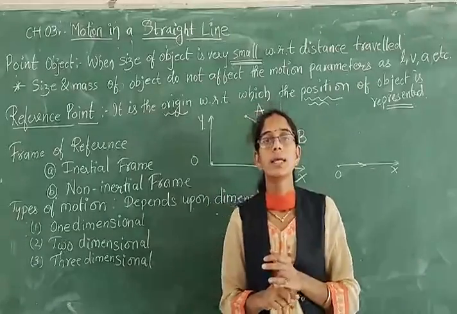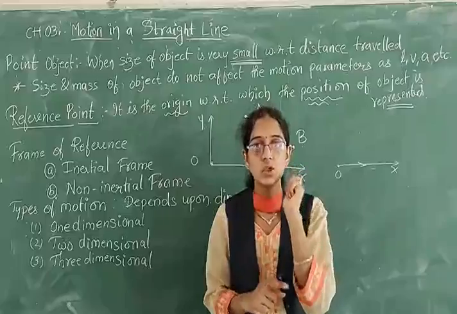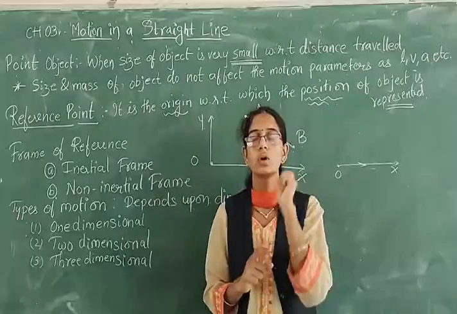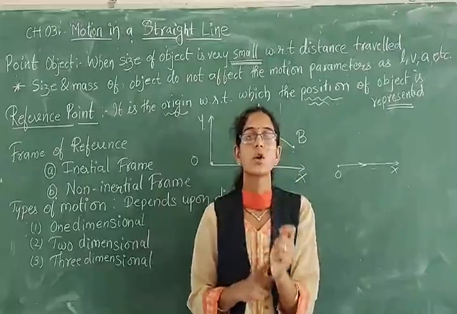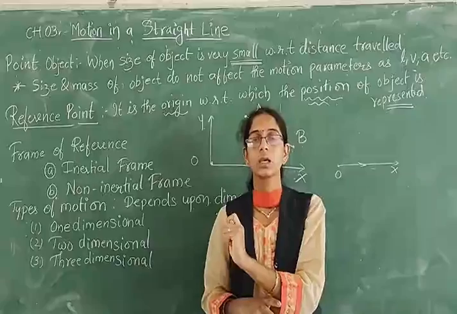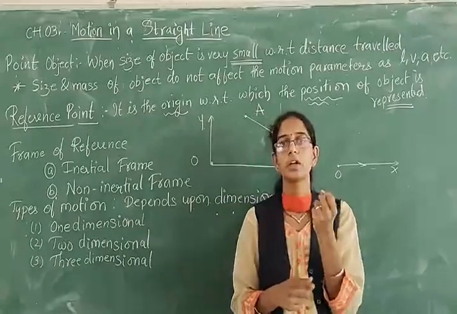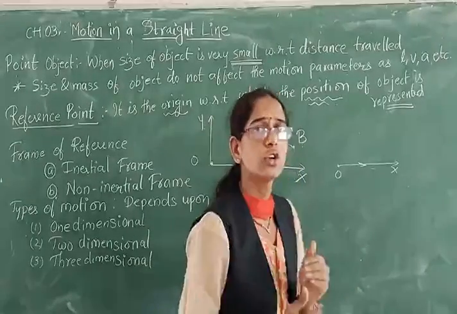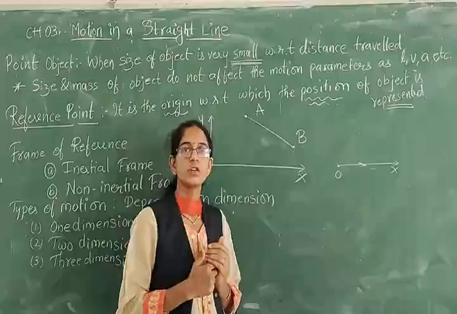So we know there are three laws of motion. If the object is not following those laws, then that frame is called as what? Non-inertial frame. We will further study the actual difference between these two terms, that is inertial and non-inertial frames.